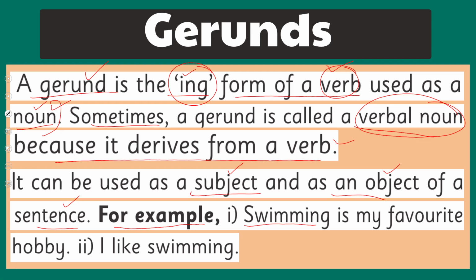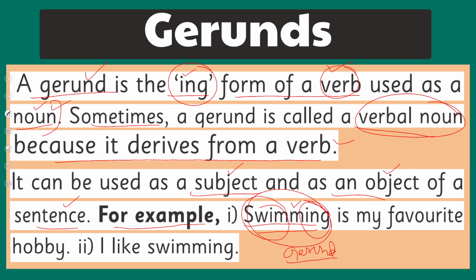Students, this word swimming is a verbal noun or a gerund because the root word over here, swim, is a verb. Then we add an extra m to create the ing form. Hence, we have created a gerund. So now swimming is working as a noun.